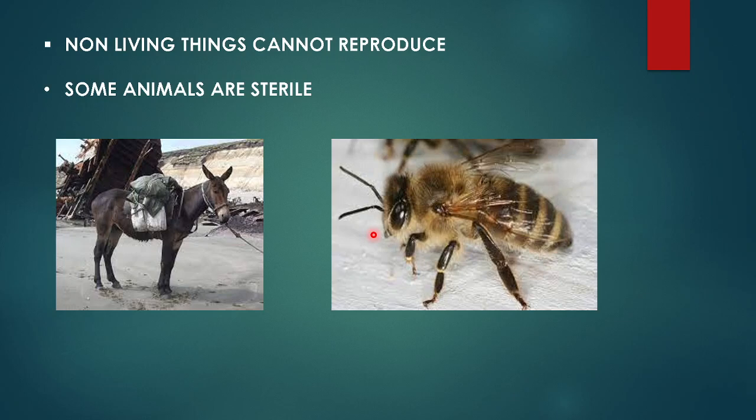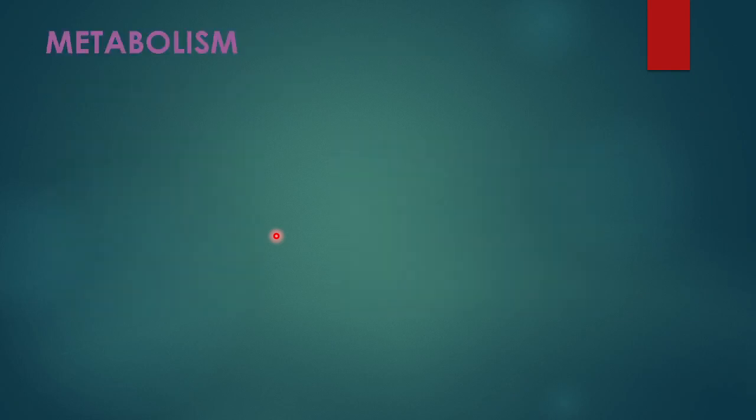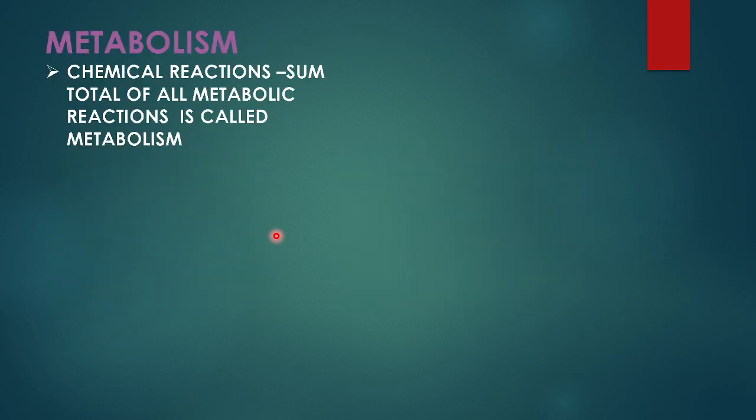So how do we define this? How do we explain this? So even for such cases, we can say that only reproduction cannot be the defining characteristic of being living. We have to consider other characteristics as well. Third is metabolism. Now, what is metabolism?